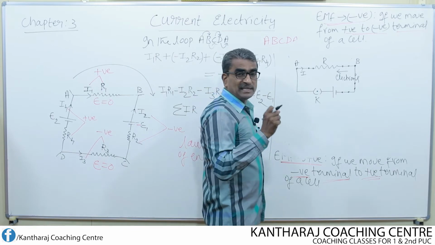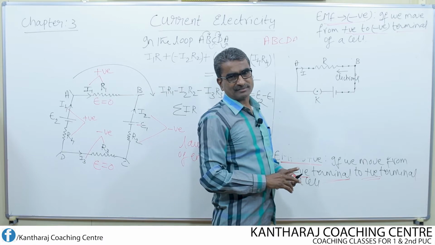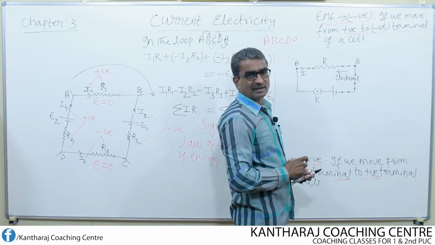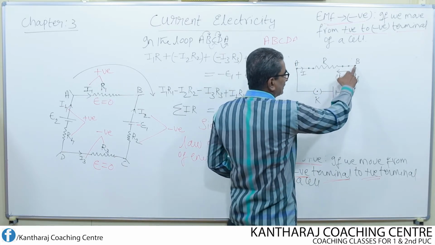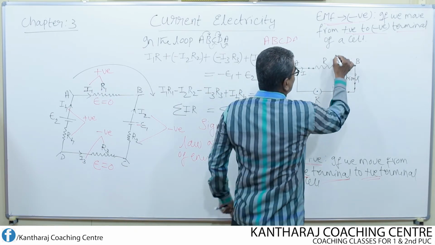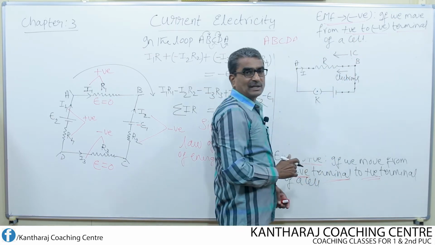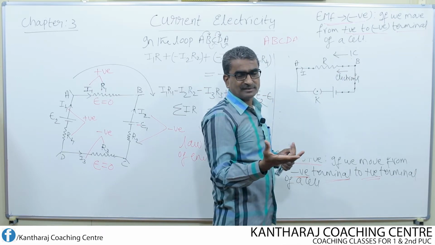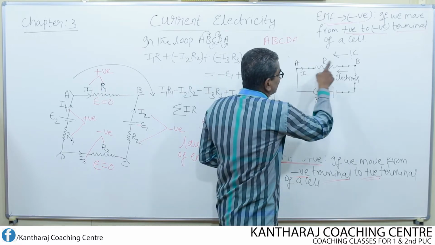So energy supplied by the cell to pass 1 coulomb of charge between the two ends of the resistor or conductor, that means from point B to point A, one end of the resistor to another end of the resistor, just to pass 1 coulomb of charge, whatever energy the cell has to supply for the electrons, that amount of energy is nothing but potential difference across AB.